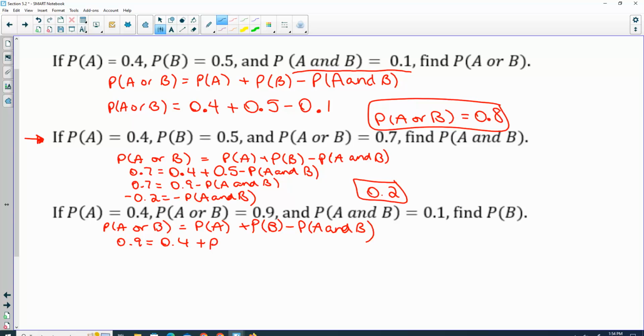I don't know B. Minus probability of A and B, 0.1. So combine like terms. 0.4 minus 0.1 is 0.3. Subtract that over. Probability of B equals 0.6.